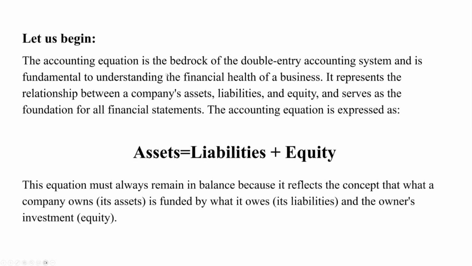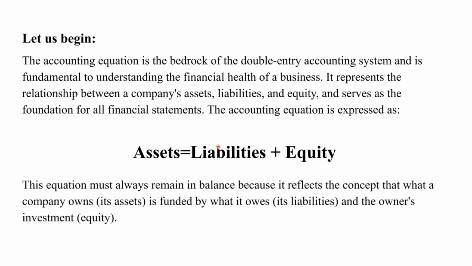So first, the accounting equation, right? It's assets equals liability plus equity. So what does it mean? Assets is everything you have, like furniture, cash in the bank, computers, cars, etc. You have them in your possession, technically speaking, but it doesn't all belong to you, and that's why it shows that your assets equals liability plus equity.